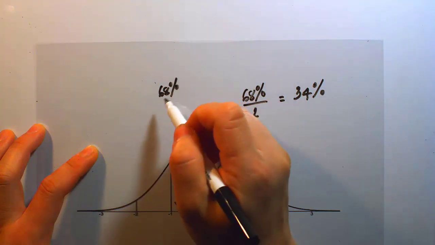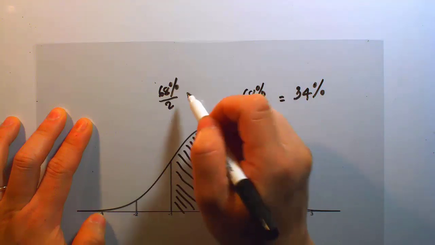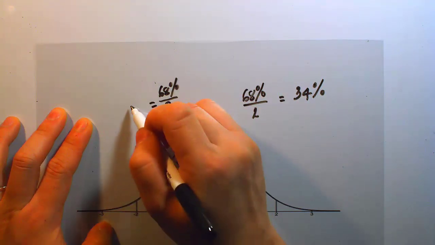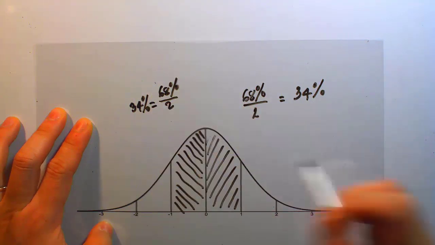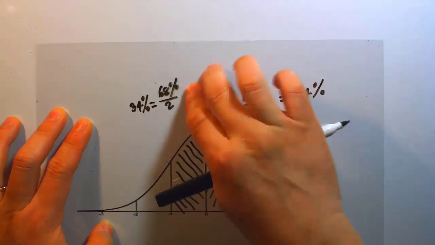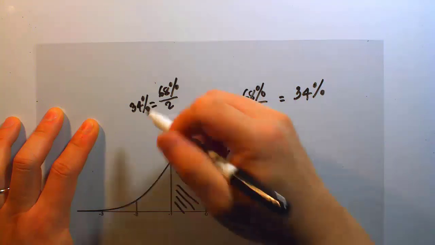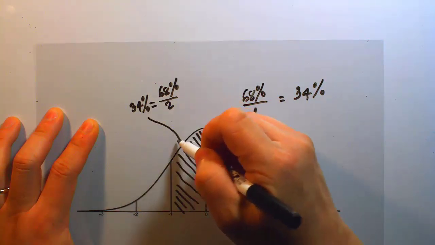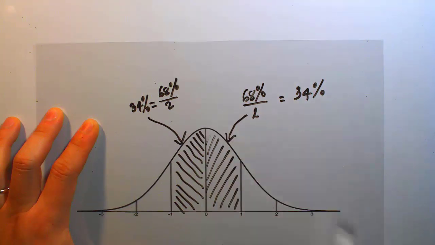So 68% divided by 2 is another 34%. Sorry for the backward writing, but I want to reinforce the fact that things are all quite symmetric here. This area is 34, and this area is 34, and we just did a quick little math for that.